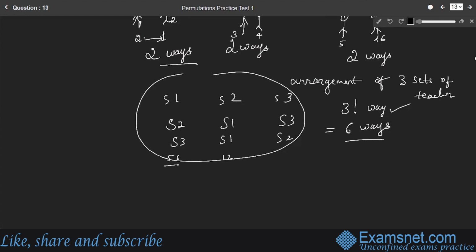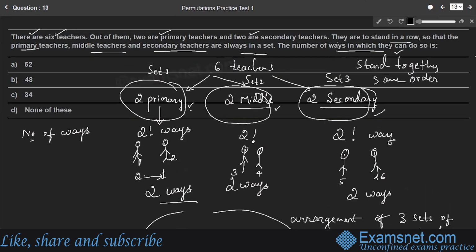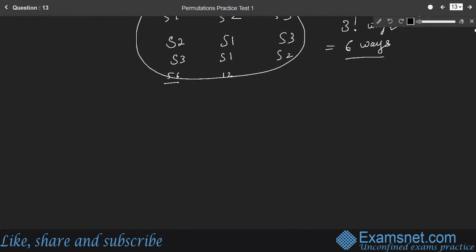Along with that, there are two ways of interchanging their positions in their own set.